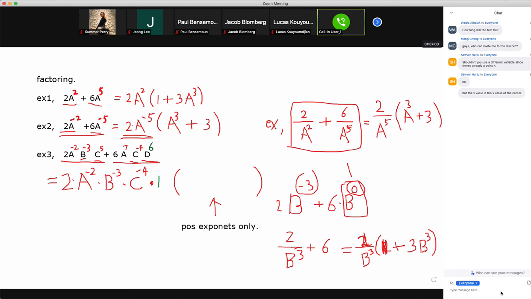Because it's D to the 6, compared to D to the 0, and 0 is lower. So we would have to factor D to the 0, but D to the 0 is 1, so we don't factor. So there's a difference between B and D. For D, the lower is D to the 0, which is 1, so we don't factor. But for the letter B, we have to factor B to the minus 2 because it's a negative exponent. So you get this situation where B is factored, but there's no D. Okay?